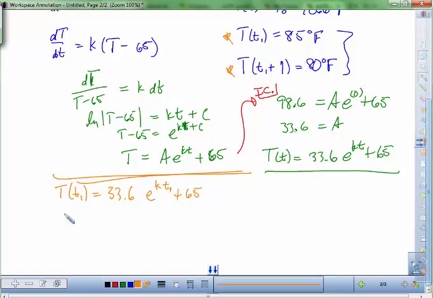Plus 65, and then we'll put capital T of t sub 1 plus 1 is equal to 33.6 e to the k times t sub 1 plus 1 plus 65. Oh, and this is supposed to be equal to 80, and then the first one, which I forgot to put, was supposed to be equal to 85.